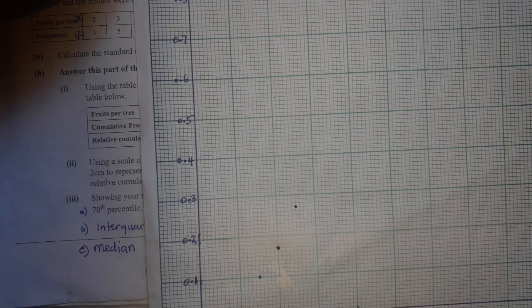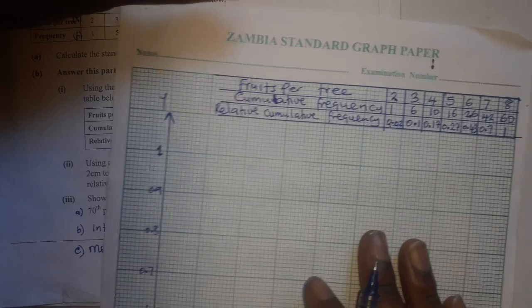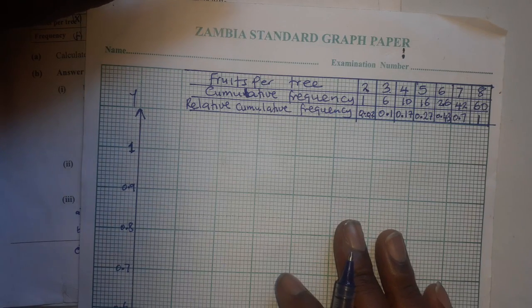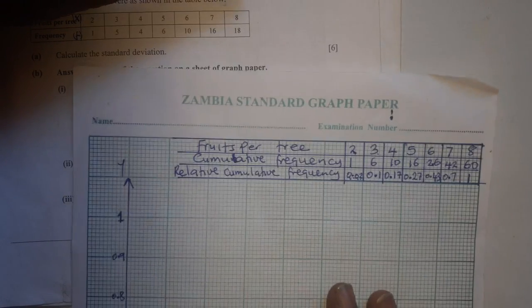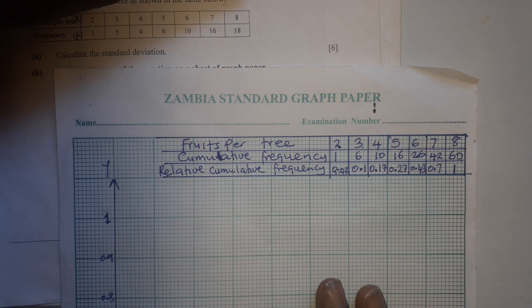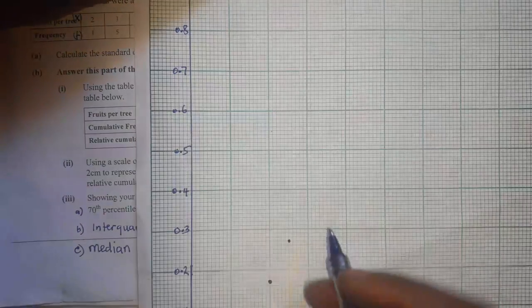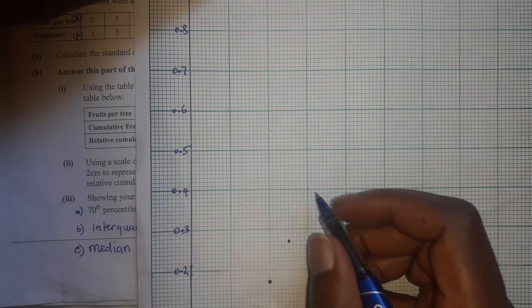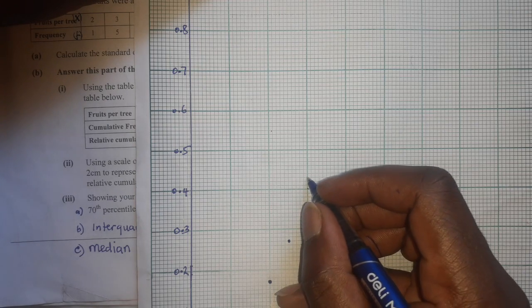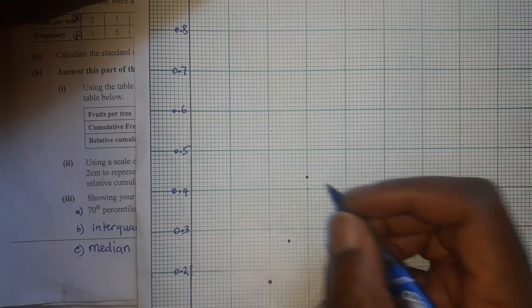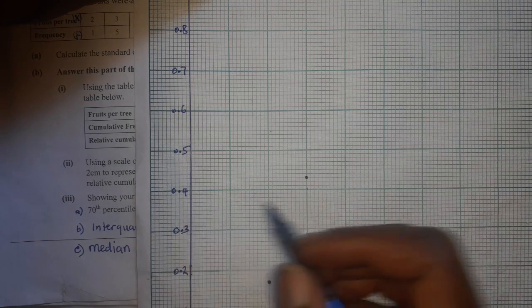All right. Then we go to 6, 0.43. Our 6 is here, so we go up. 0.43, and 6. This is where they meet here.